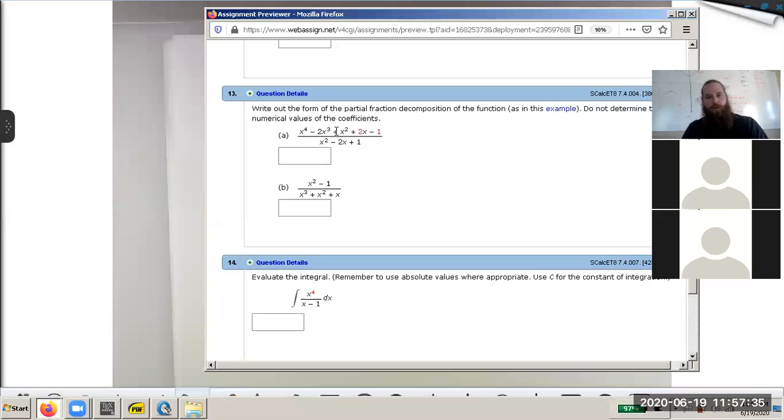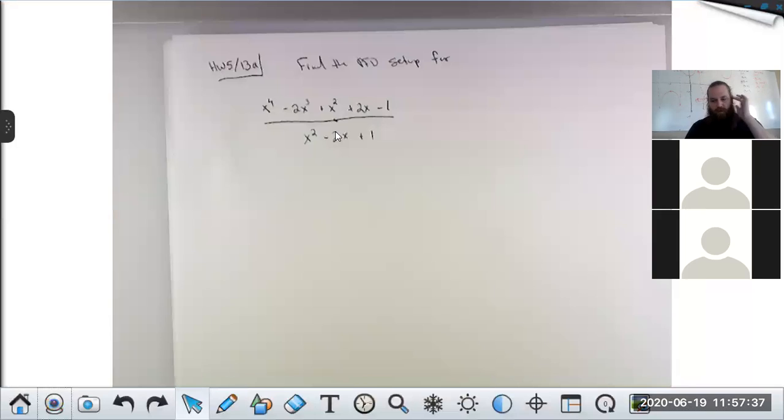So let me write this down. There we go. I can't begin with the PFD because the degree of the top is not strictly less than the degree of the bottom. Right? The degree of the top is bigger than the degree of the bottom, so this is improper.